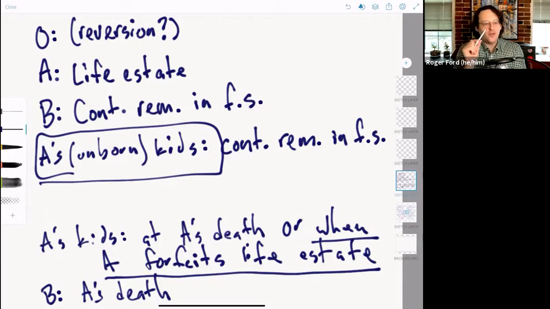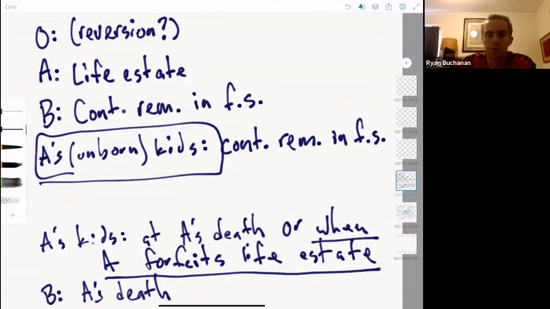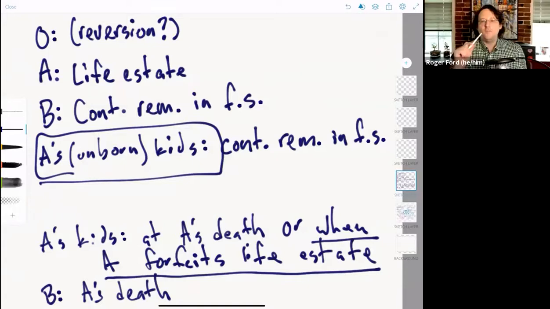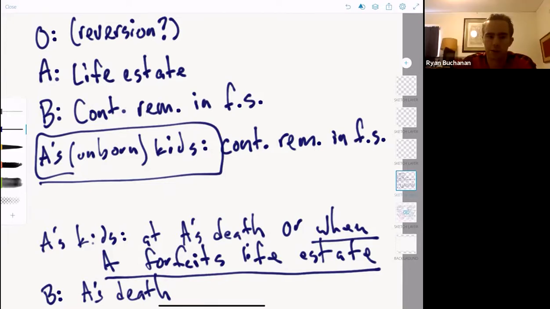But otherwise, no, at that point, the kids would get it. Okay. And then after the kids, it would go to B's heirs, or is that not correct? So if at A's death, A had no children, then it would go to B, even though A forfeited the life estate. Right. Okay.